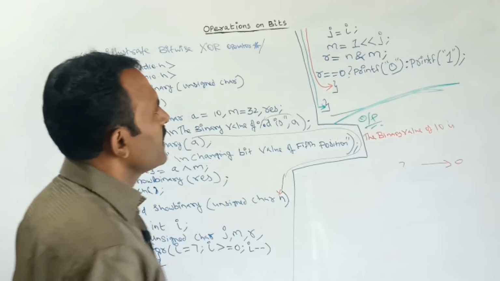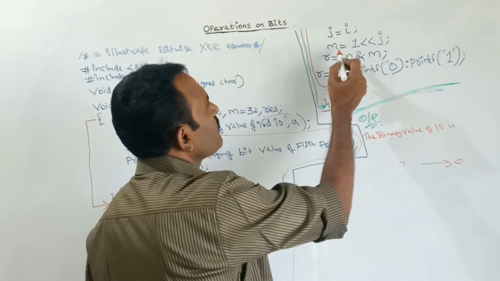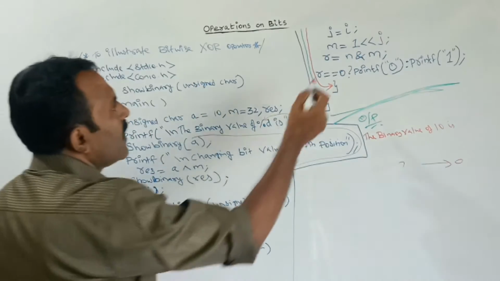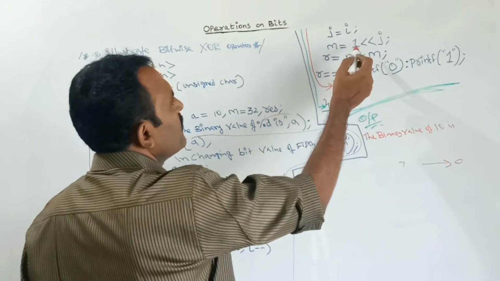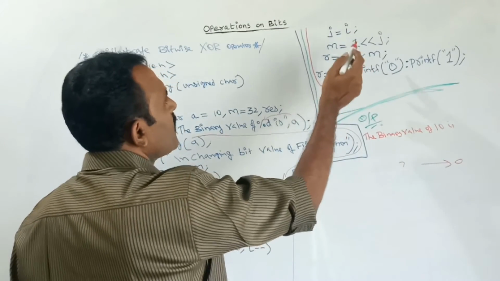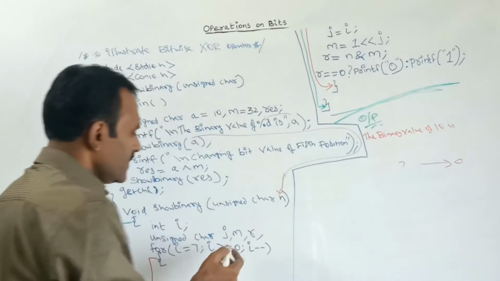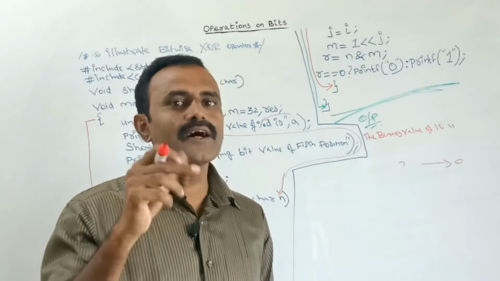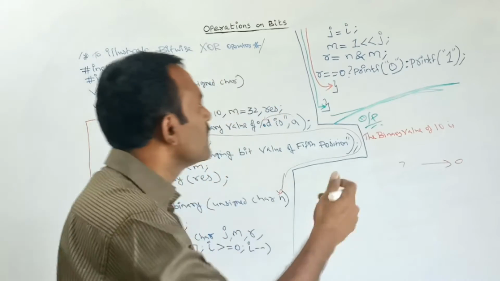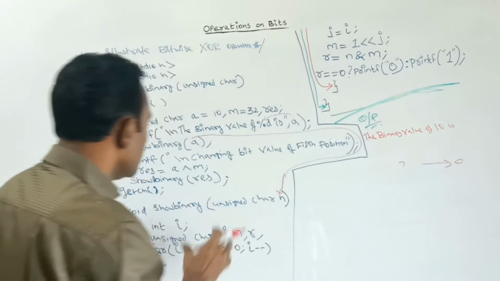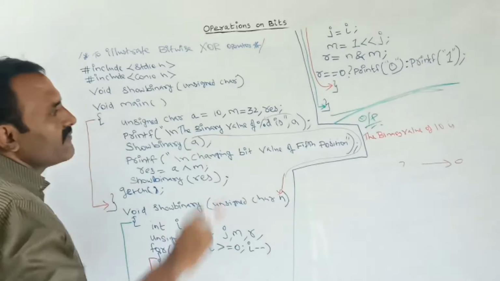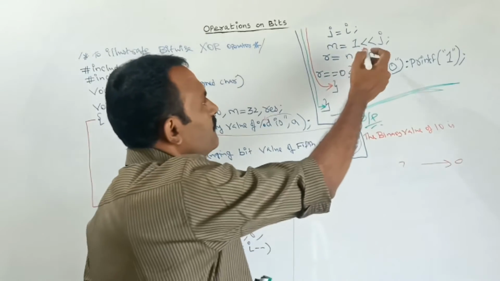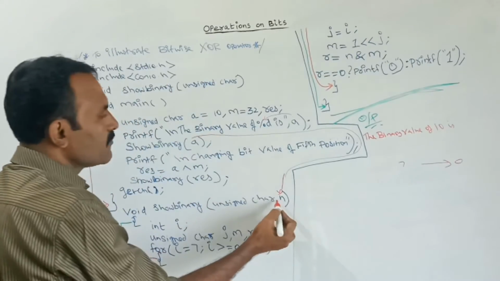Here for each and every iteration, inside this I am creating the mask value, and I am comparing that mask value with the n value. Here already we had seen in the bitwise AND operator how to display the binary values of the given values. So here the given value is number 10.